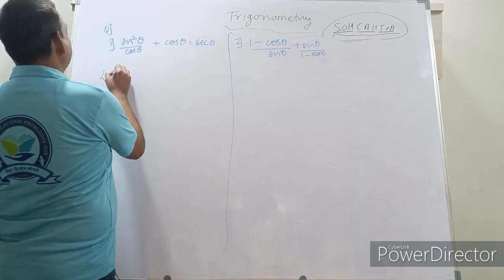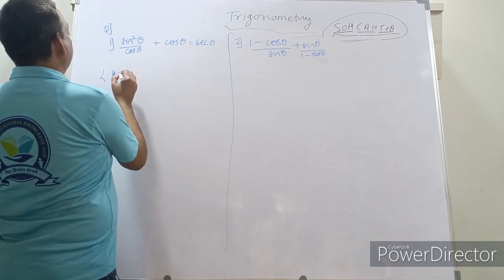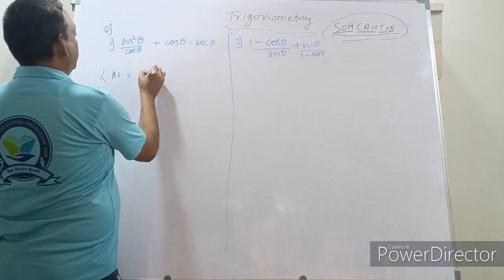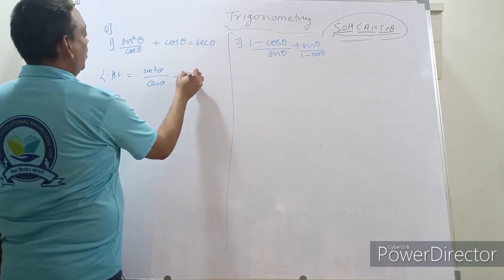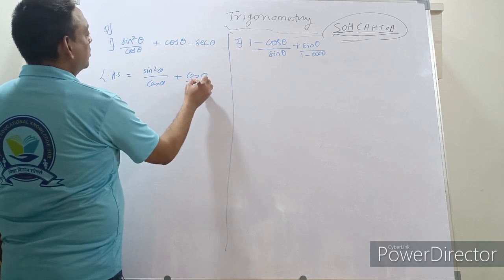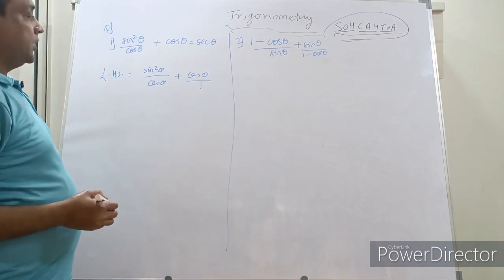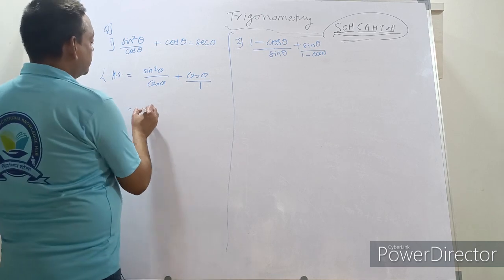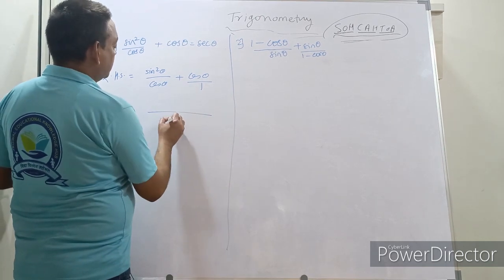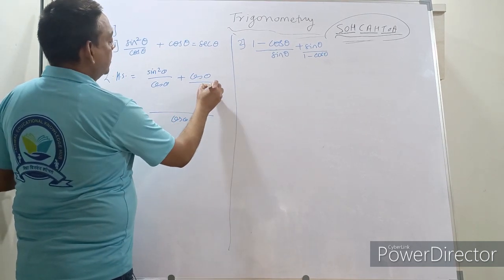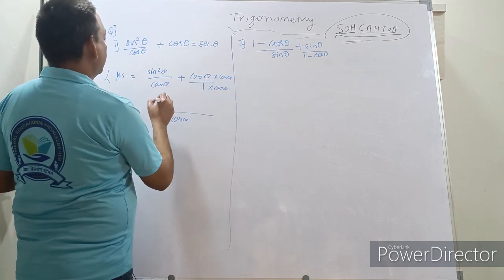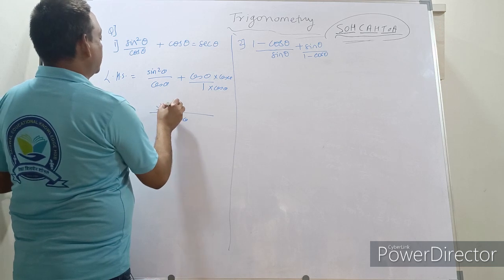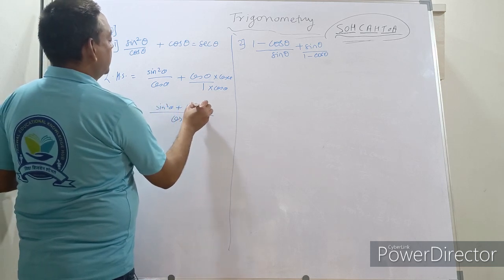So here the LHS, that is left hand side, we have sine square theta upon cos theta plus cos theta. For this cos theta we don't have any denominator, so we take it as 1. Then we take the LCM, so 1 into cos theta becomes cos theta, so this is multiplied by cos theta into cos theta. So this becomes sine square theta plus cos square theta.